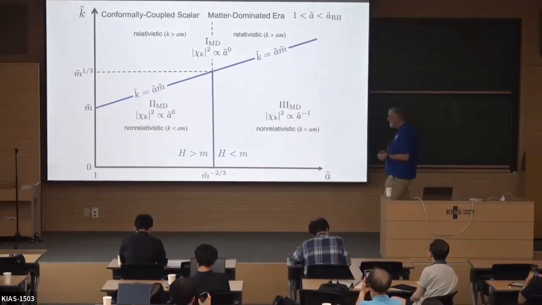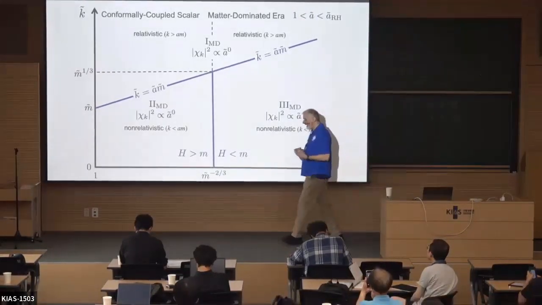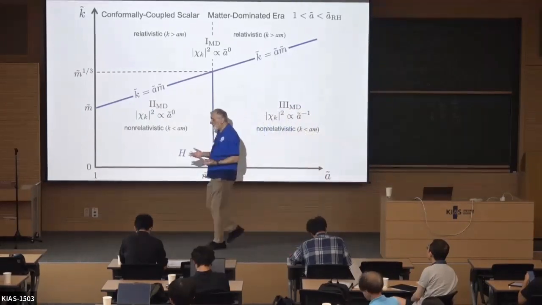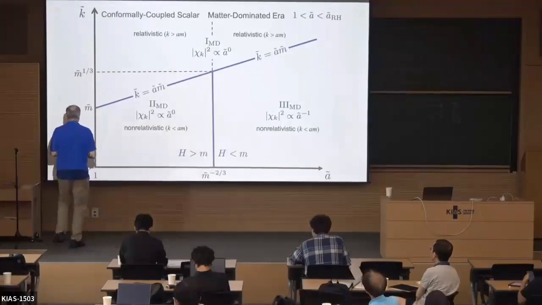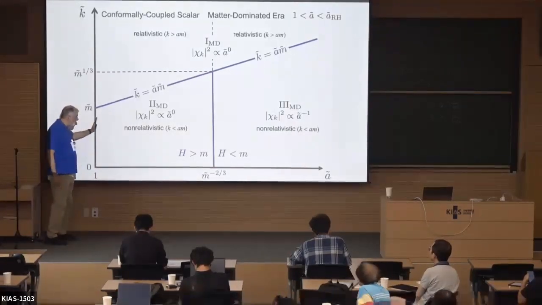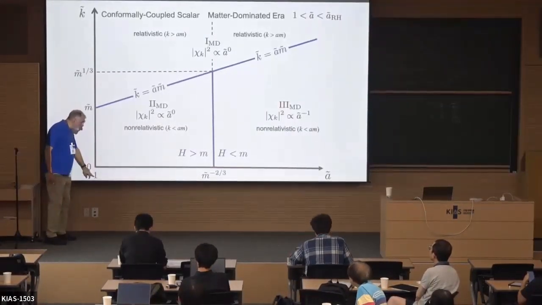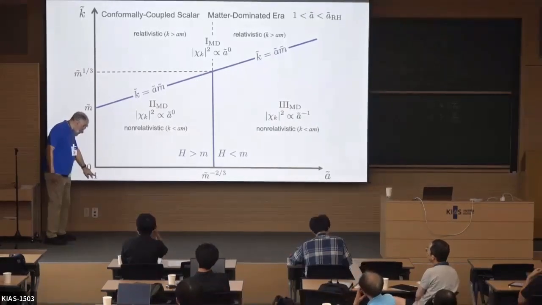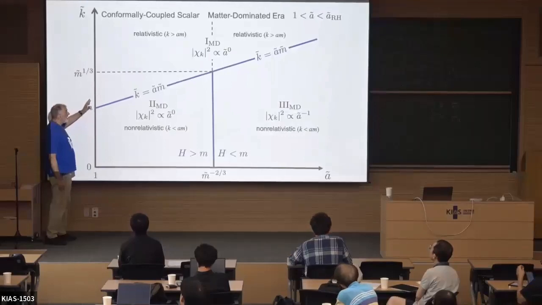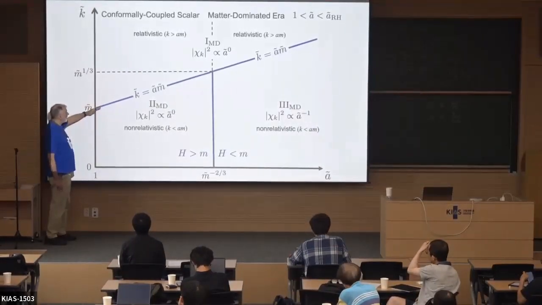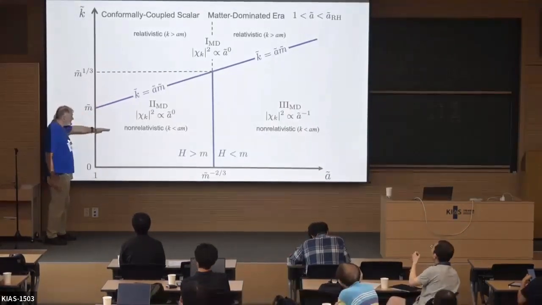So I'm going to look at the evolution of chi-k by looking at approximation of the mode equation by starting at the end of inflation at a tilde equal to 1. This is the end of inflation. And the solutions will behave as a function of a depending upon whether it is relativistic or non-relativistic.